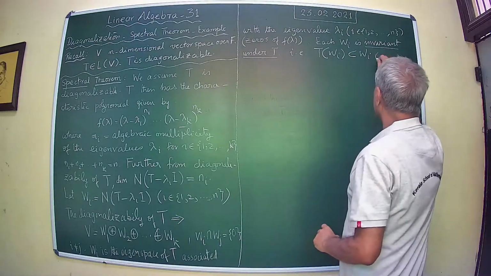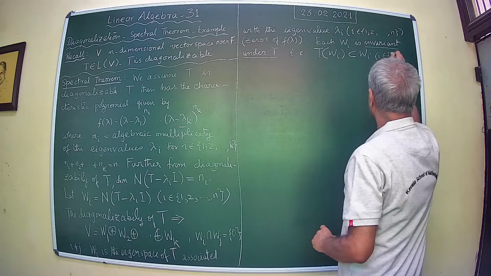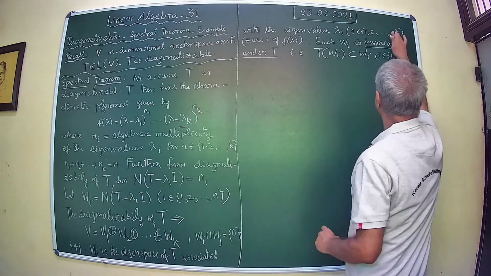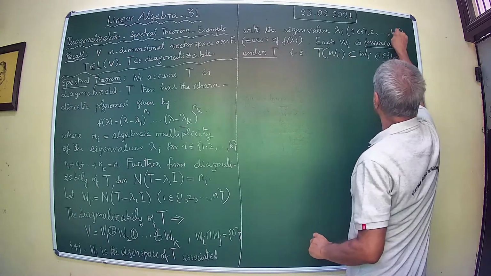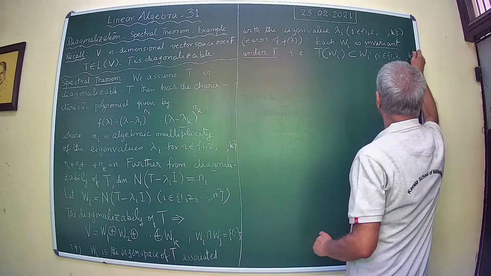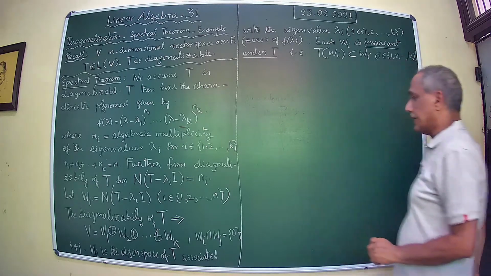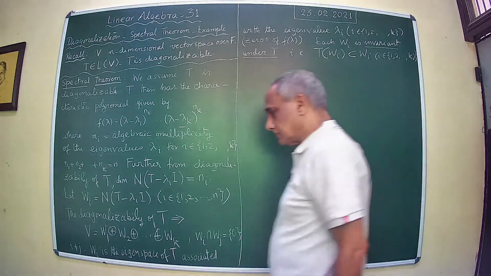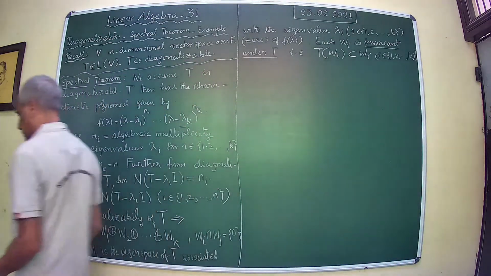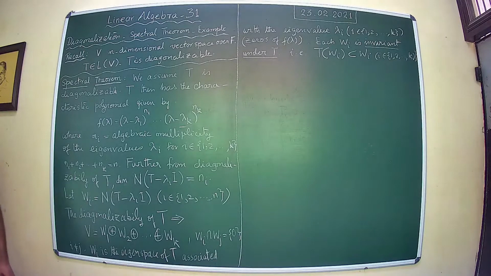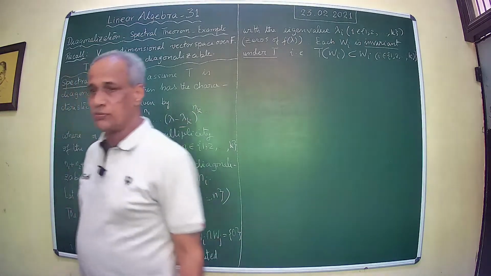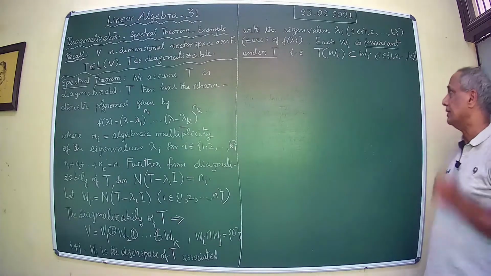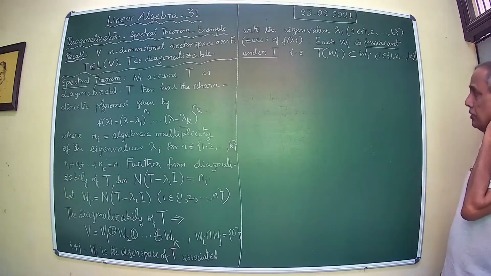Now, so there are k invariant subspaces, each of which is an eigenspace of the given operator T. Now what more do you have?